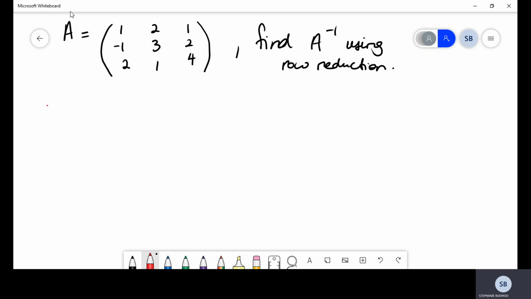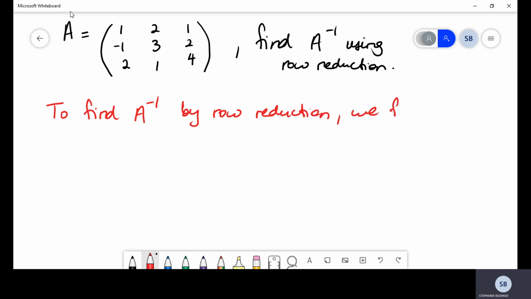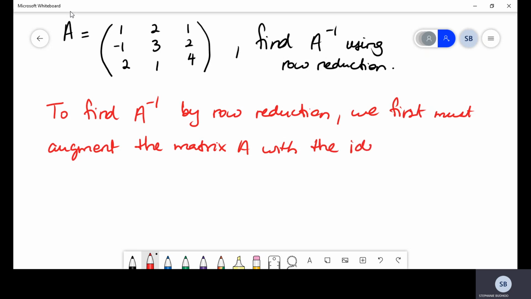So first point to note is that to find the inverse of any matrix using row reduction, we first must augment the matrix A with the identity matrix, or with its identity matrix.